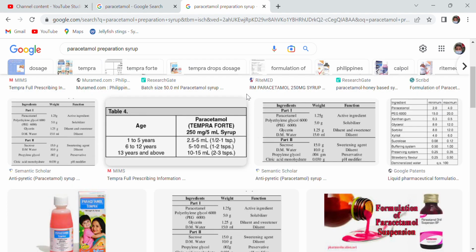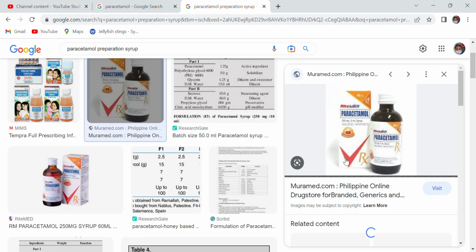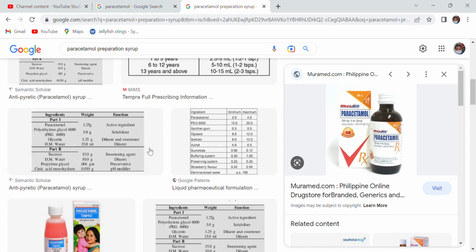So let us try to calculate what's the dose of the paracetamol that will be given to your kid if your kid is 15 kilograms. Here we have searched the paracetamol. We will just choose this one, but I am not promoting the brand.